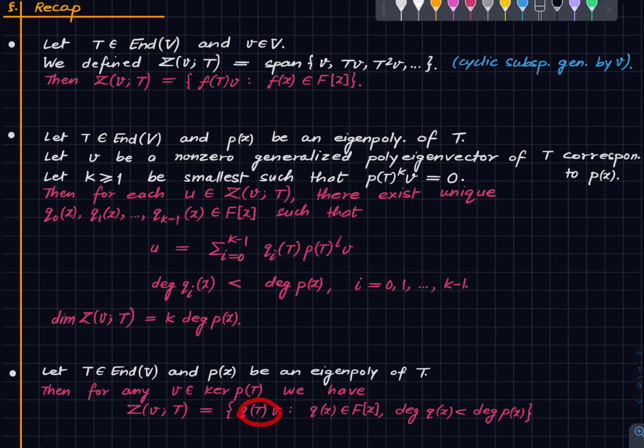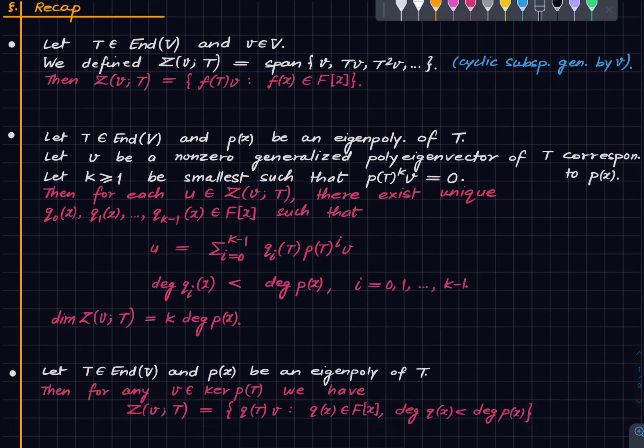So you consider all such vectors where Q(x) is a polynomial over the base field, of course, but with this degree constraint. So it's an immediate consequence of the second bullet point, but you can prove it directly. You don't need to know any theorem or anything, just this fact and a little bit of thought will give you this. So this is all that we need to know.